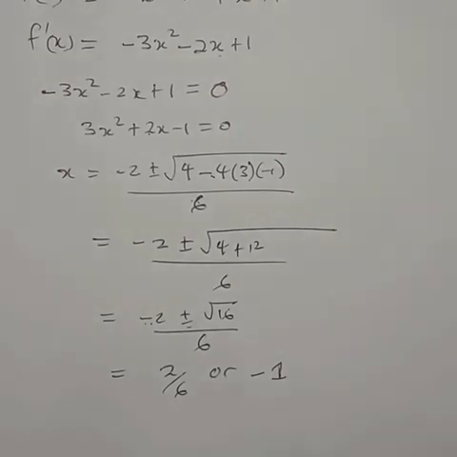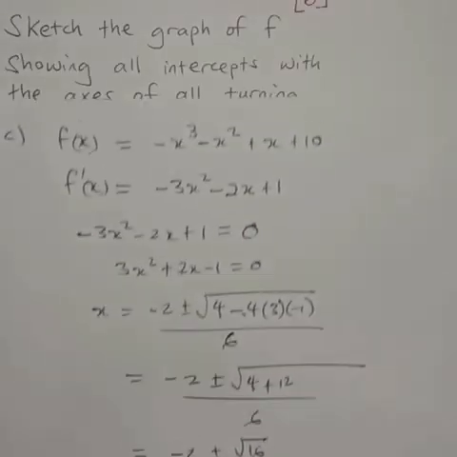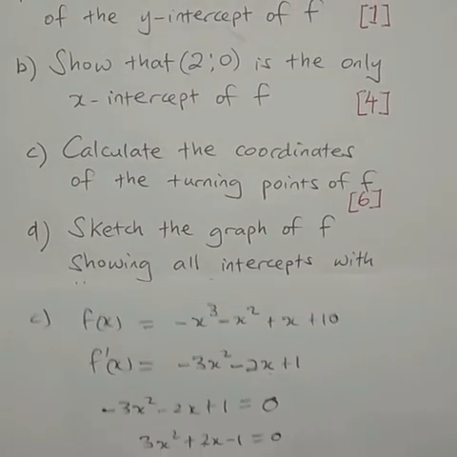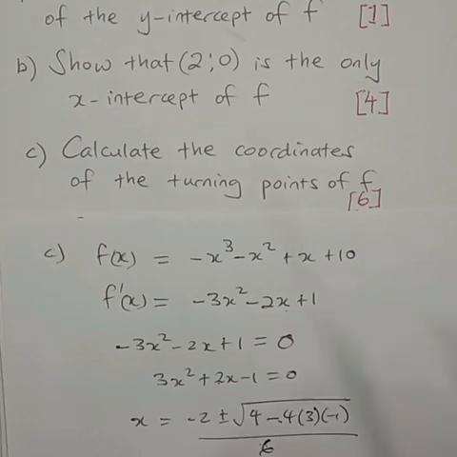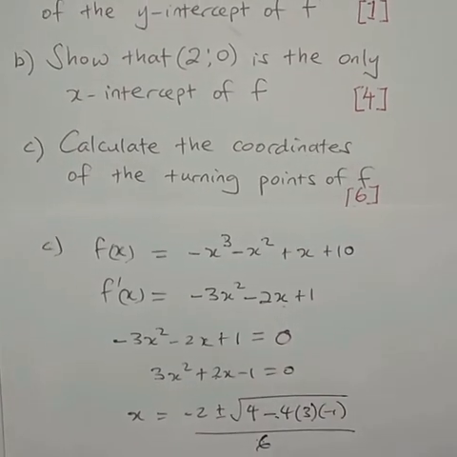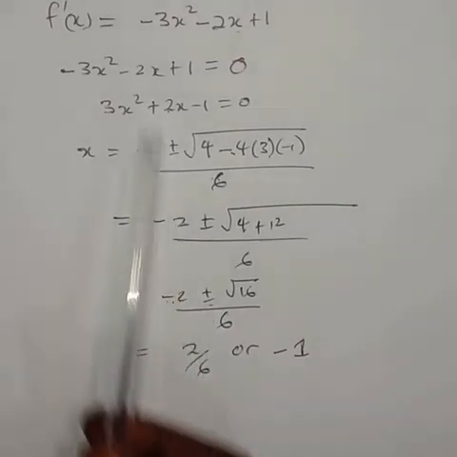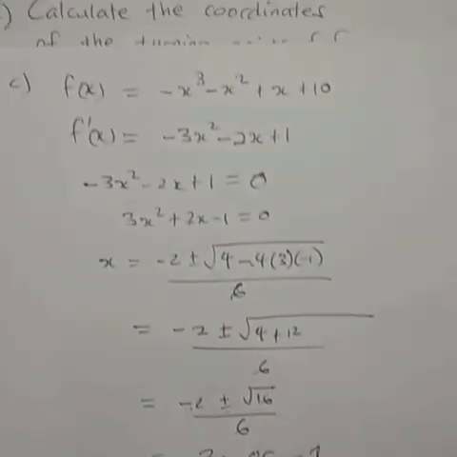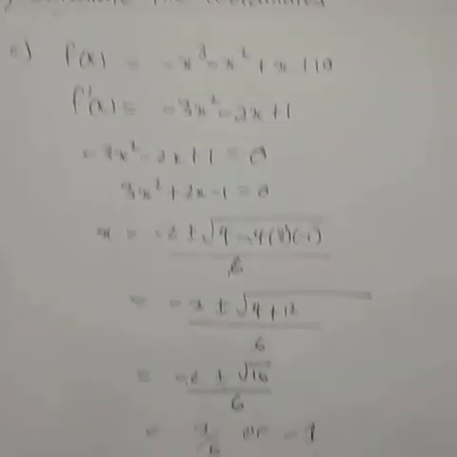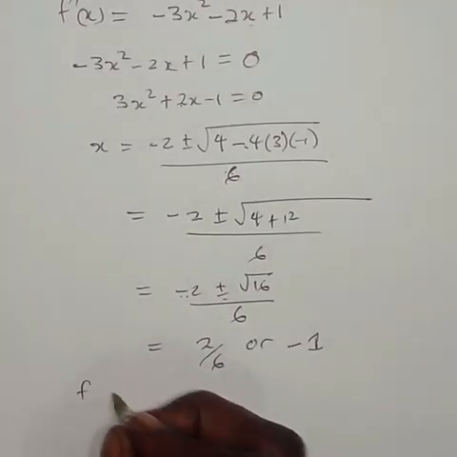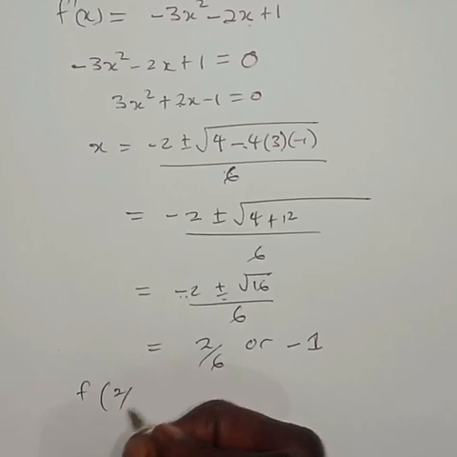So we are looking for the coordinates, not only the values of x. So we need to take these back into the original equation, this original equation. So we're going to look for f of 2 over 6.